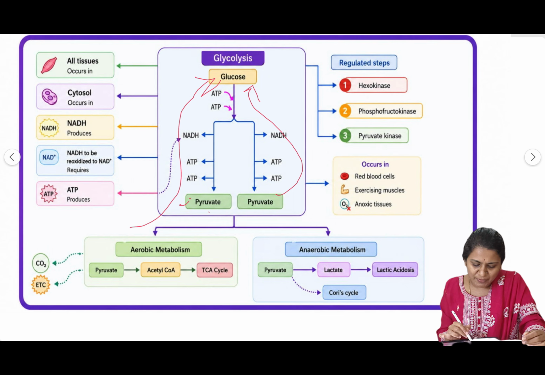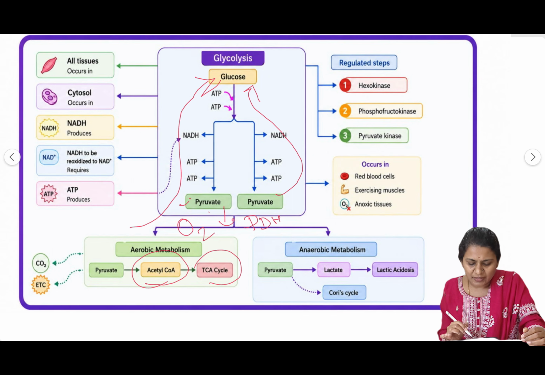In general, whenever pyruvate is produced, with the help of the pyruvate dehydrogenase enzyme and whenever there is oxygen, in aerobic metabolism there is production of acetyl-CoA which enters the Krebs cycle. Suppose a child has come with severe shock.